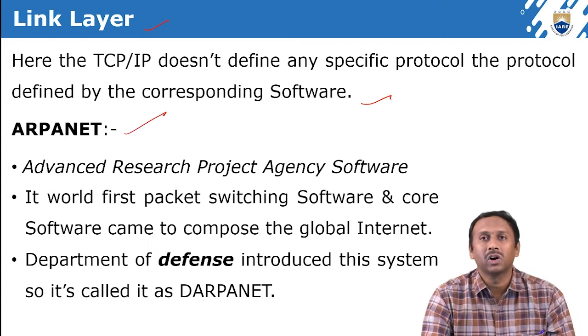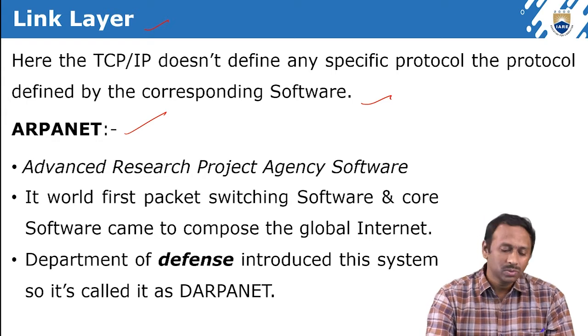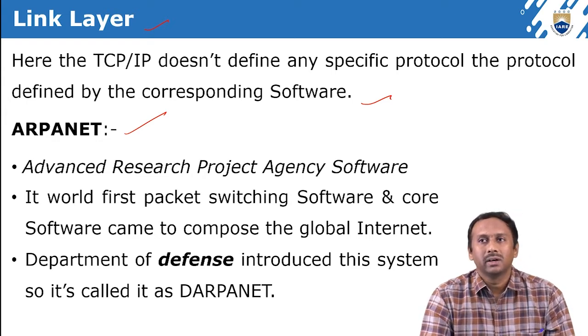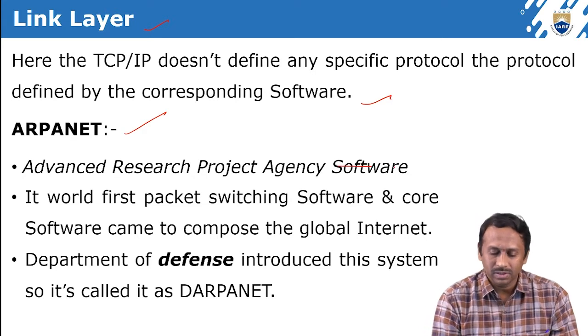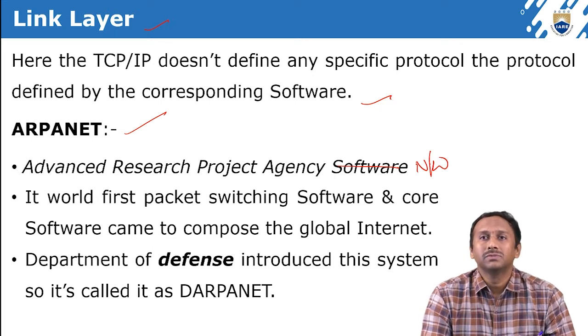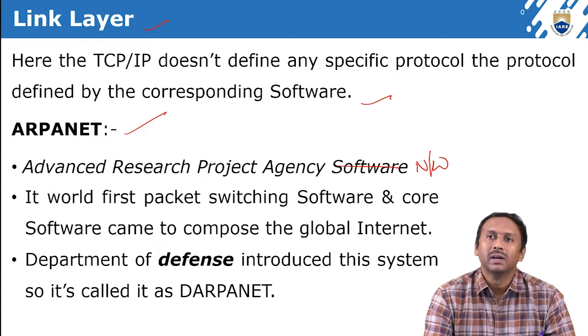So the first one is the ARPANET. We already know that ARPANET stands for Advanced Research Project Agency Network. It's not a software; it's a network, right? And it is the world's first packet switching network, and its core software came to compose the global internet, isn't it?